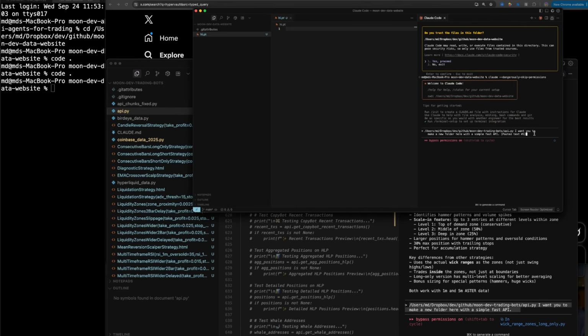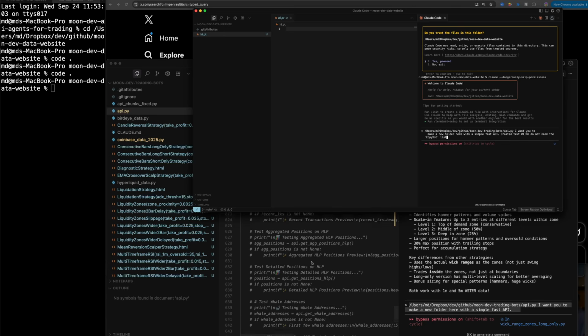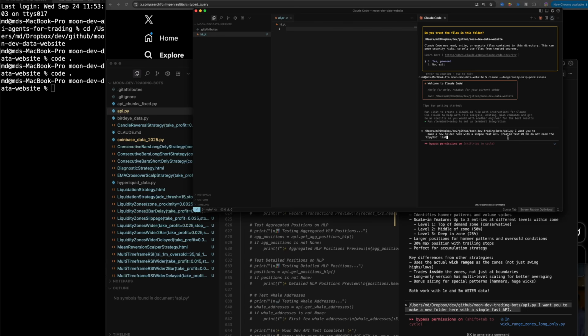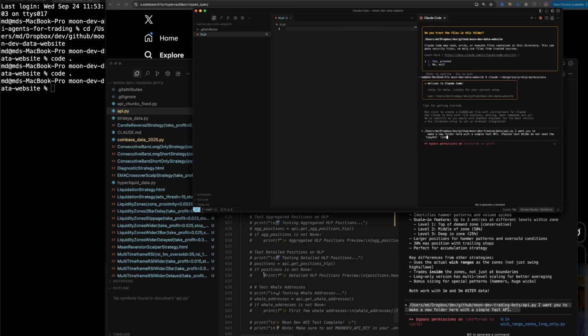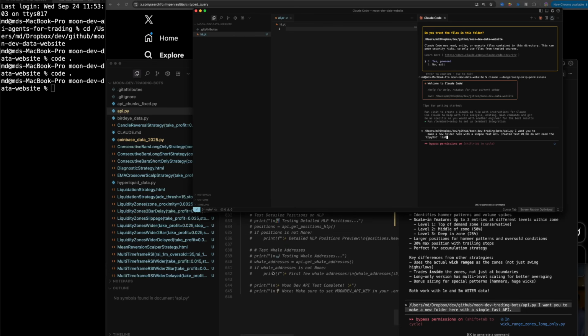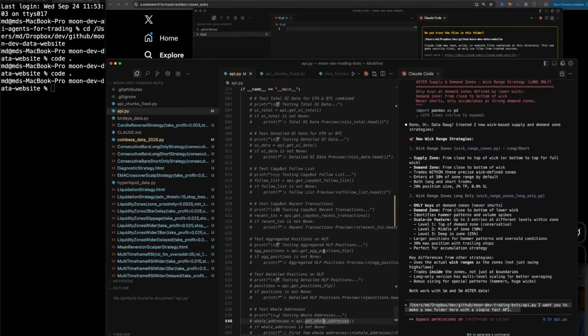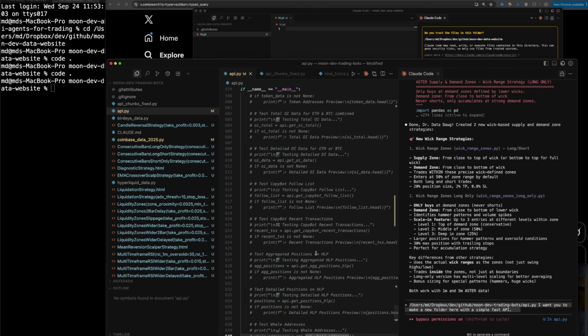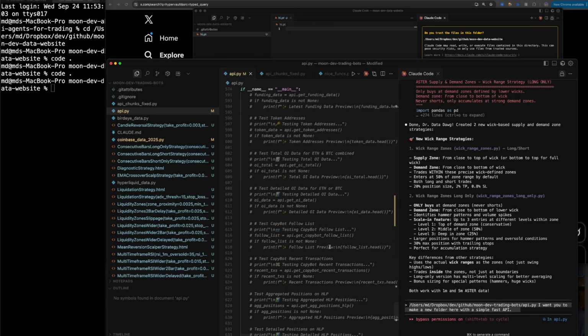We do not need the copybot list. We don't need the aggregated positions on HLP or detailed positions on HLP or whale addresses or the copybot recent transactions.